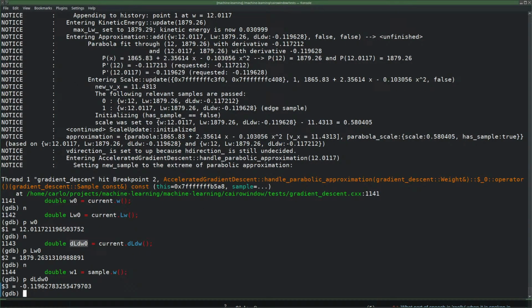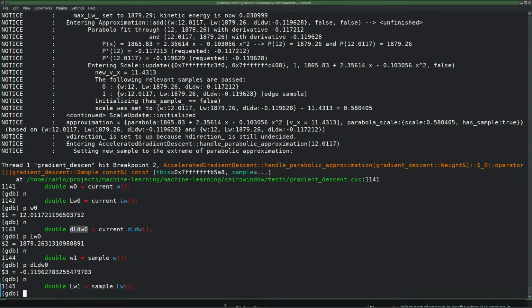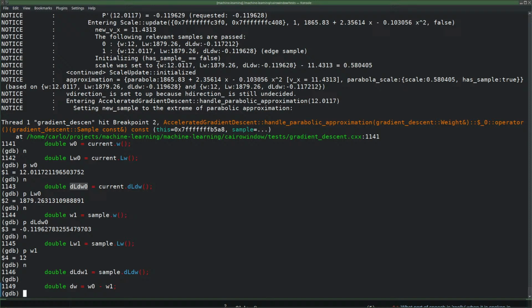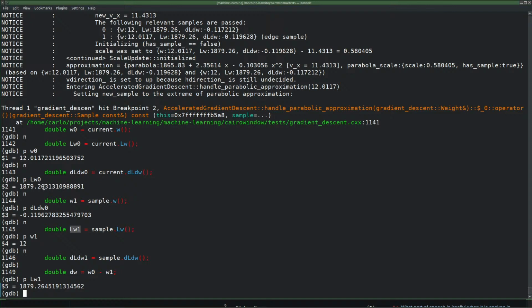Yes, okay, and then W1 is probably the thing at 12, which is a little bit higher. Really tiny little bit.